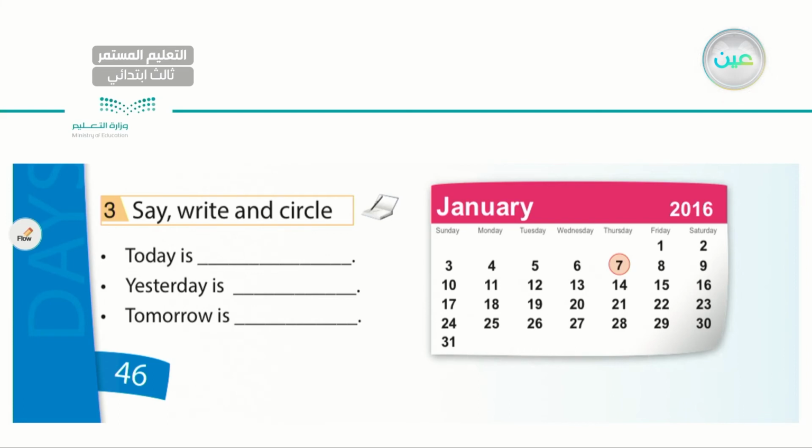Today is what? Today is Thursday. Very good, my dear student. But yesterday, now it's very easy. Just go ahead to the day before, which is Wednesday. Very good. Yesterday was Wednesday. Tomorrow will be Friday. Very good, my dear student. Make sure that you have the correct answer in your books.